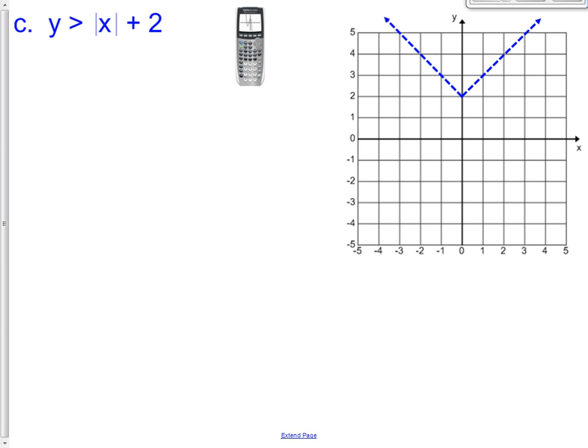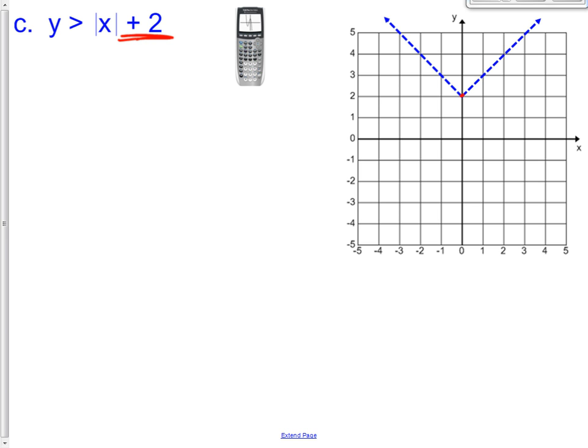Problem letter C, when we have a +2 on the outside, all that happened is our graph shifted up 2 units. Our y equals the absolute value of x was right here. So now, when it's +2, it just went up 2 units. Hopefully you guys can all see that. So now let's pay attention to this.